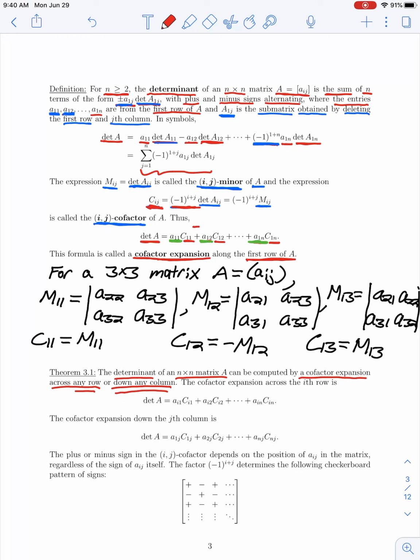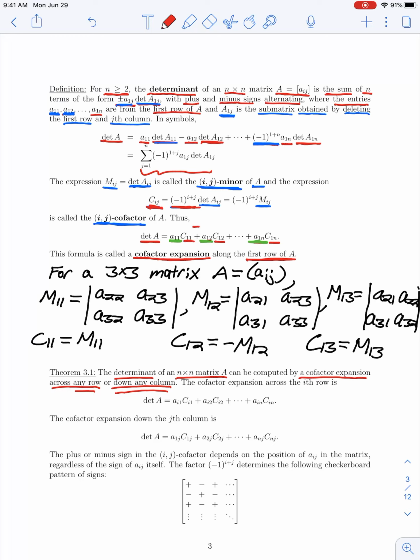So in the definition that we've introduced and the examples we've been working with, we've been looking at a cofactor expansion along the first row of the matrix A, but this theorem says we can use an expansion along any row or down any column that we wish. And our result would be the same.